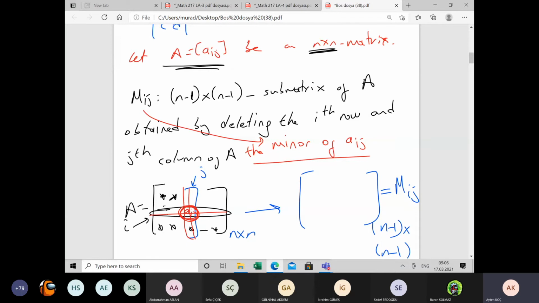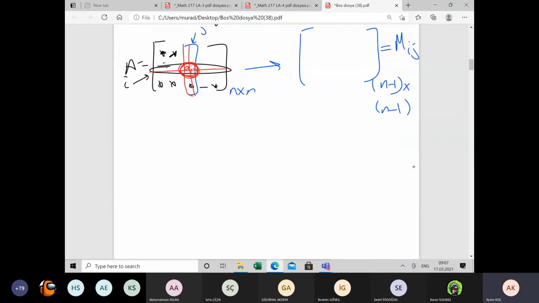So let's define the cofactor. It is denoted by capital A sub ij, the cofactor of entry aij.